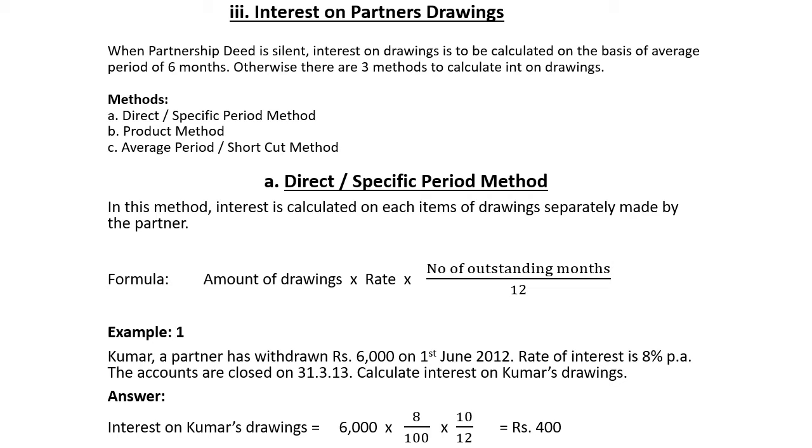It means we have to take from 1st June to 31st March. So it will be 10 months. So we have to apply these details into the formula. Interest on Kumar's drawings equal to 6,000 into rate of interest is 8% and outstanding months are 10 months divided by 12. So we will get Rs 400 as his interest on drawings.